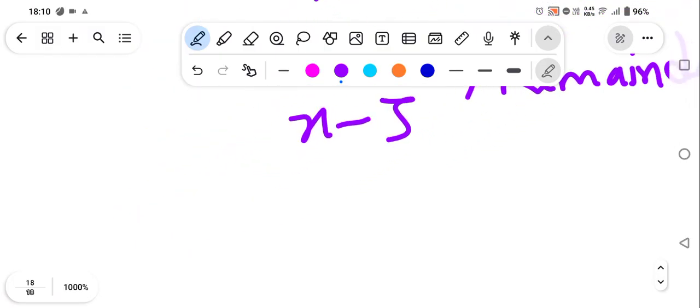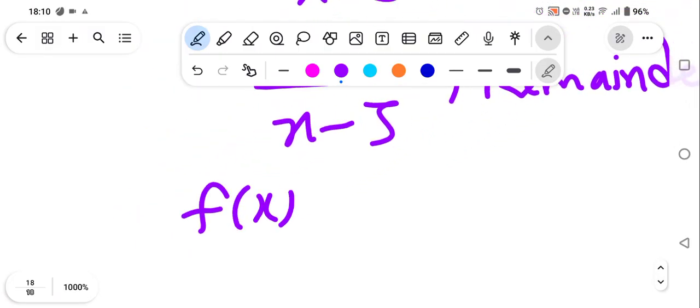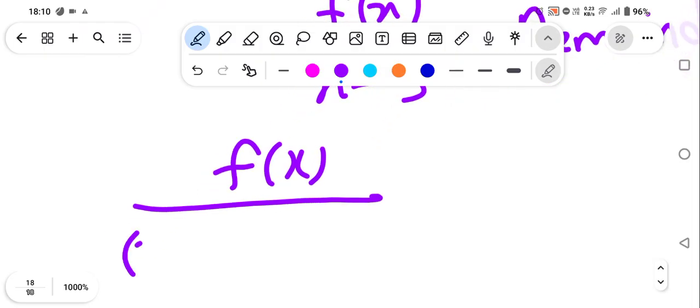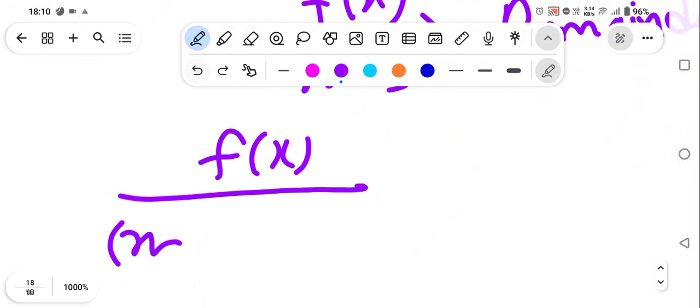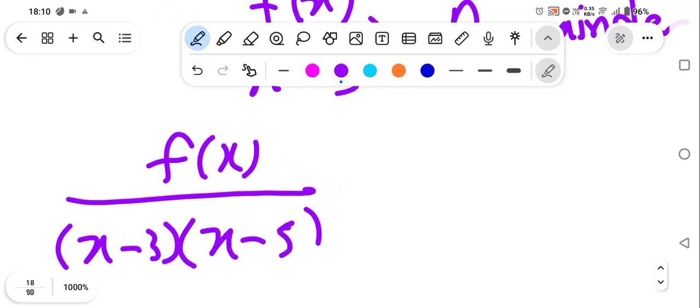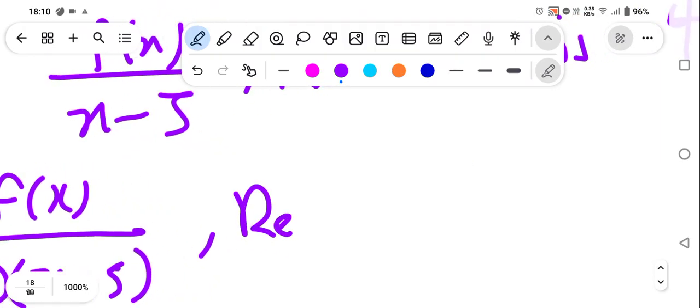So what would the remainder be if f(x) is divided by x minus 3 times x minus 5? What will the remainder be?